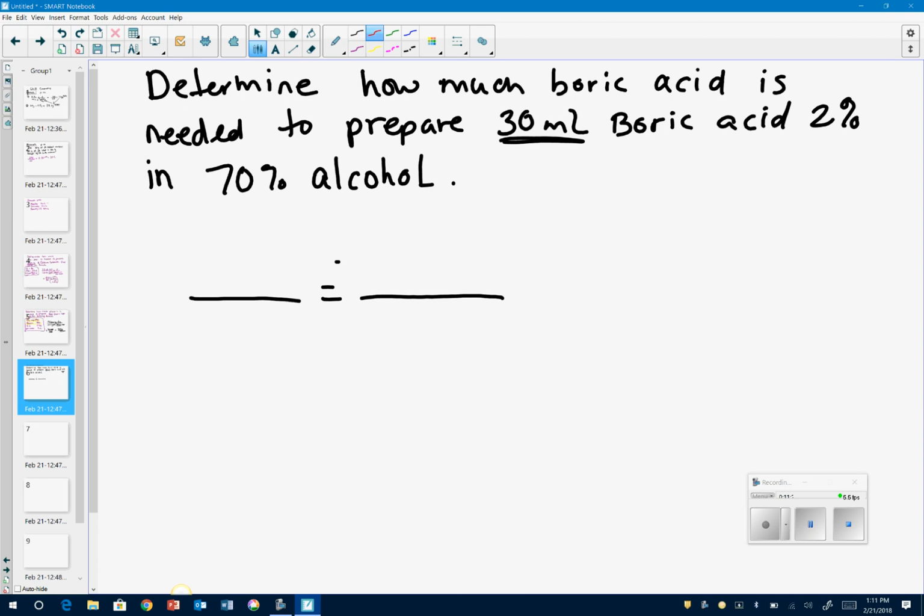So over here, you want to determine how much boric acid is needed to prepare 2%. So we know 2, and remember our percent sign is 100, so 100 would go under that. And this is going to be a liquid, so we know it'll be milliliters instead of grams there. And we're wanting a total of 30, so our total would go down here with our 100 milliliters.